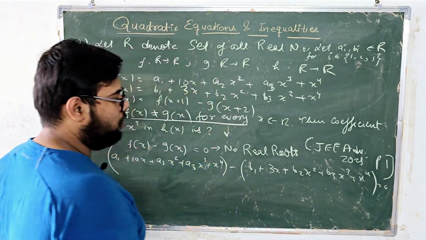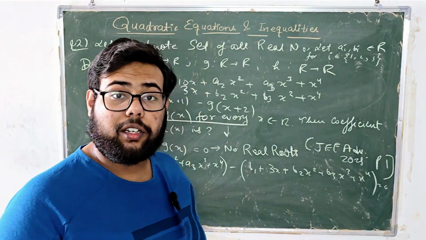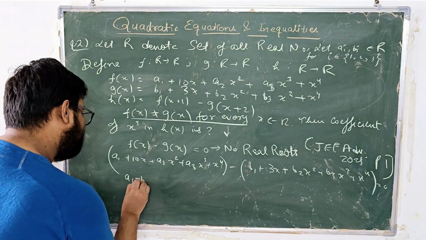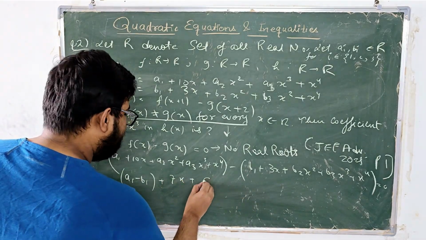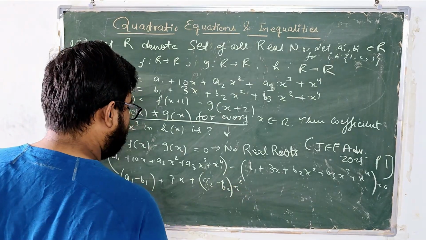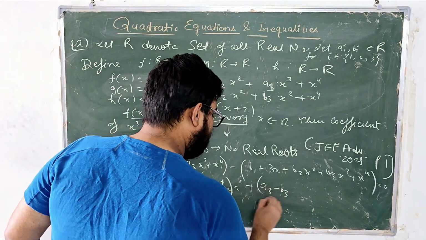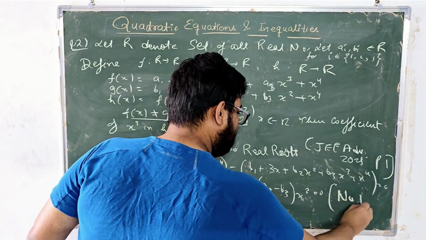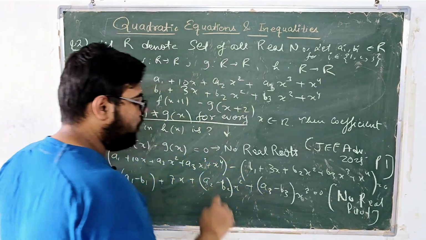If we set it equal to 0, then it should have no real root. Okay, we want this. So here we will get a1 minus b1 plus 7x plus (a2 minus b2) x square plus (a3 minus b3) x cube is equal to 0 with no real root. No real root. Okay, we want this.